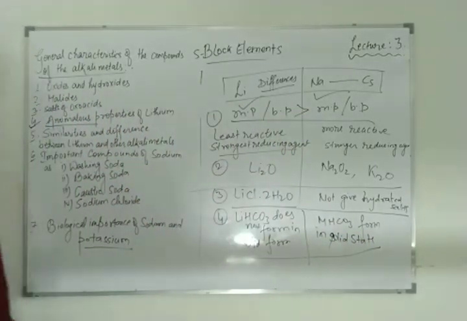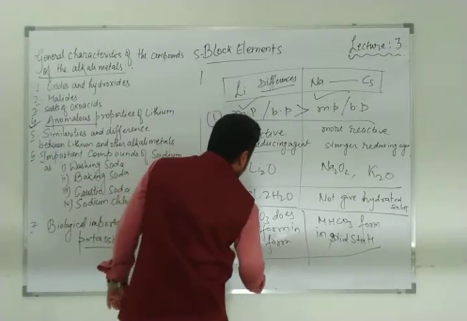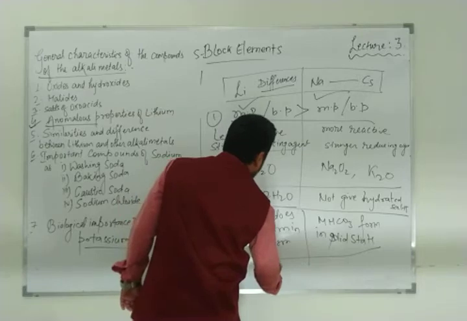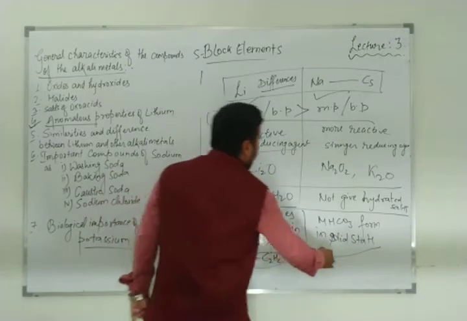Then the fifth point: lithium, unlike all the other alkali metals, forms no ethynide in the reaction with ethyne, C2H2, but the others do.